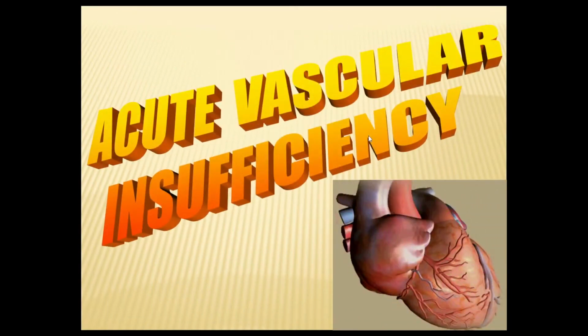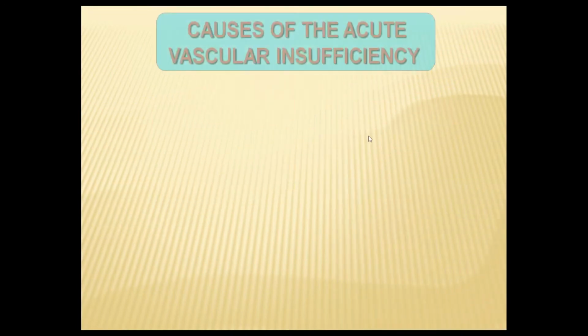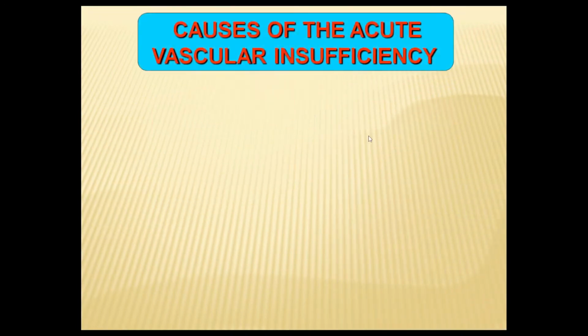Next question on which I want to talk today is acute vascular insufficiency, which appears due to non-adequate blood supply of the tissue and organs due to discorrelation between circulated blood and volume of peripheral vessels.